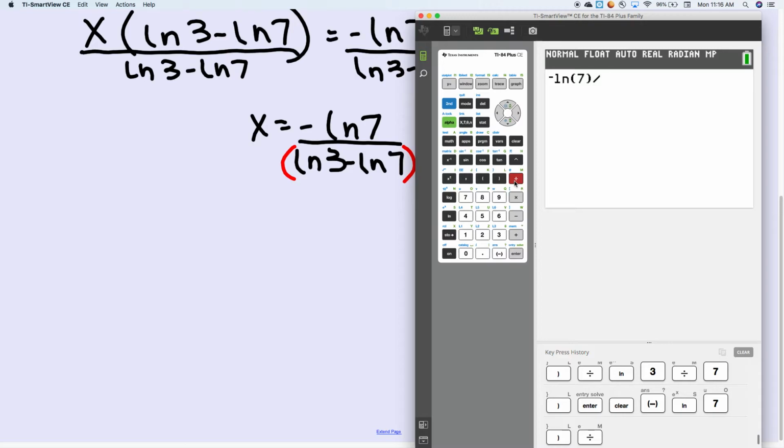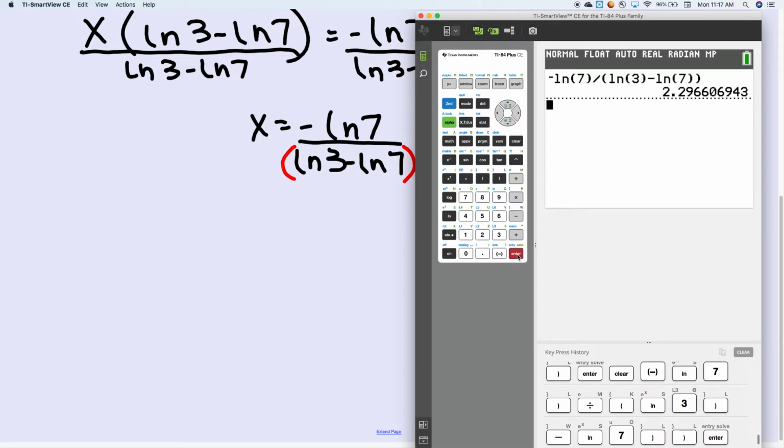I need to put a parenthesis around my denominator. So I'm going to do parenthesis for the denominator. This is natural log 3, close my parenthesis for the log, minus natural log 7, close my parenthesis for the log, and I would do a double close for my denominator, although it doesn't really matter if you close your denominator or not. And then hit enter, so I get 2.297.